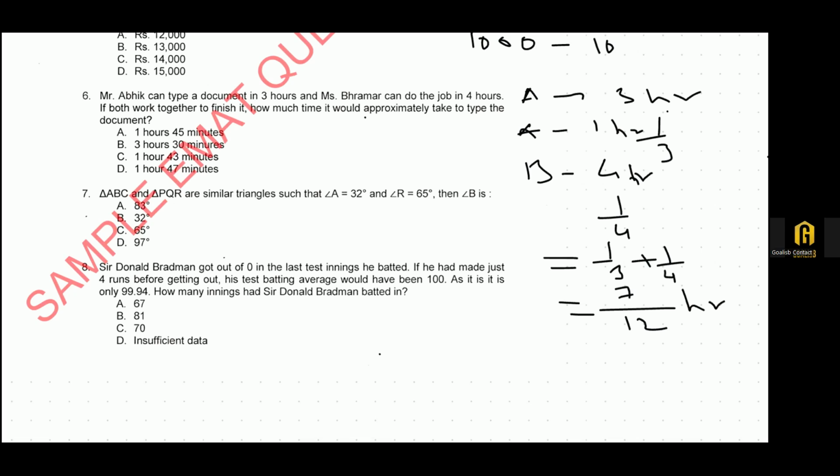So in how much time will the total work be done? 12 upon 7 hours. 12 upon 7 hours is nothing but 1 hour and 5 upon 7 hour. I've converted it to a mixed fraction. You can convert 5 upon 7 hour into minutes because the choices are in minutes. 5 into 60 upon 7.